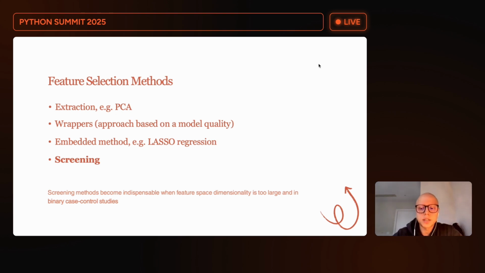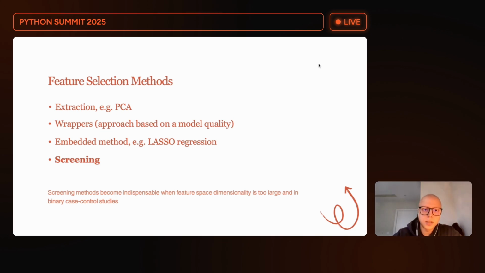It's a very classical approach that aims to orthogonalize different features to solve that multicollinearity problem in a very straightforward way. And extraction usually means that we build new features from existing ones.